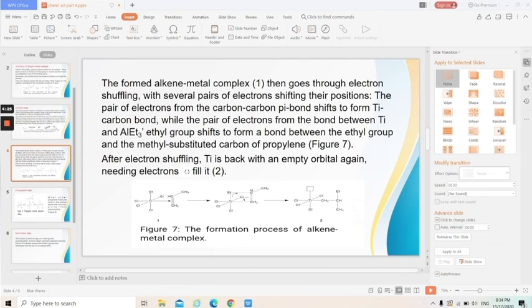After electron shuffling, titanium is back with an empty orbital again, needing electrons to fill in. Figure 7 shows the formation process of the alkene-metal complex.